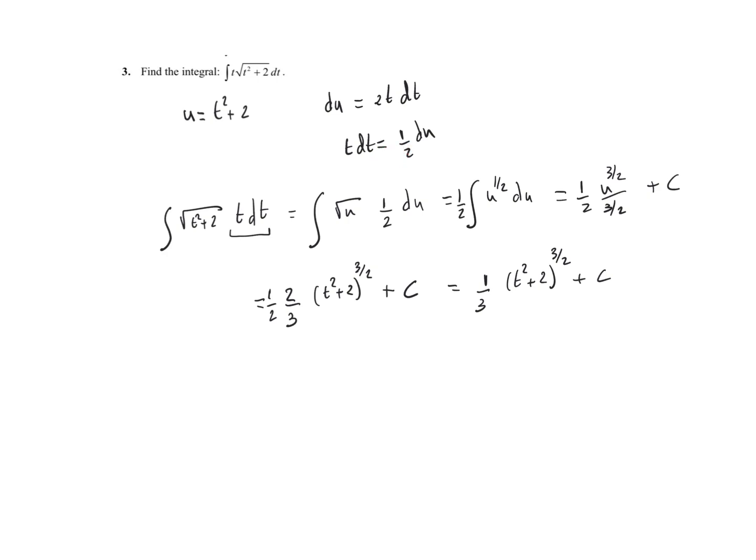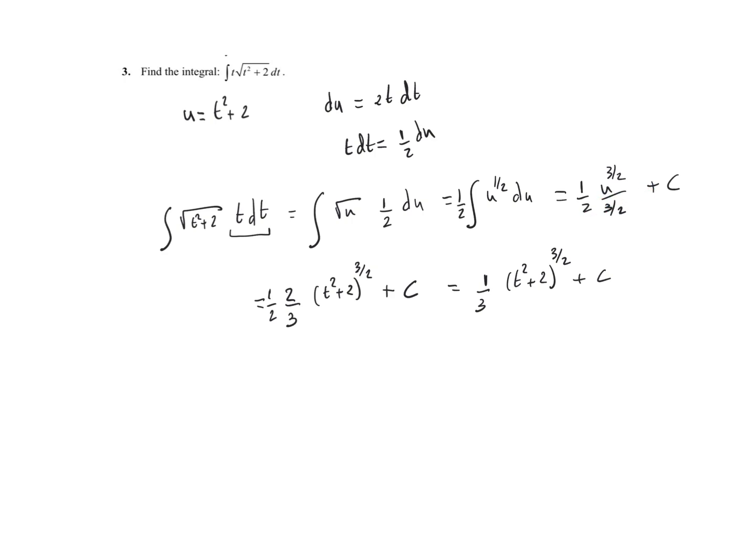So now I will read this equation again. t dt is du divided by 2. And here it says the square root of u, where u is t squared plus 2. So the integral will read the square root of u times 1/2 du. Now you do the same thing again. You apply the power rule. It will be this expression, and the problem is not finished yet.